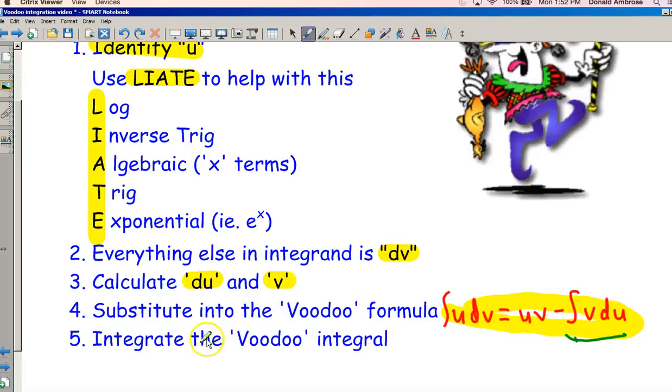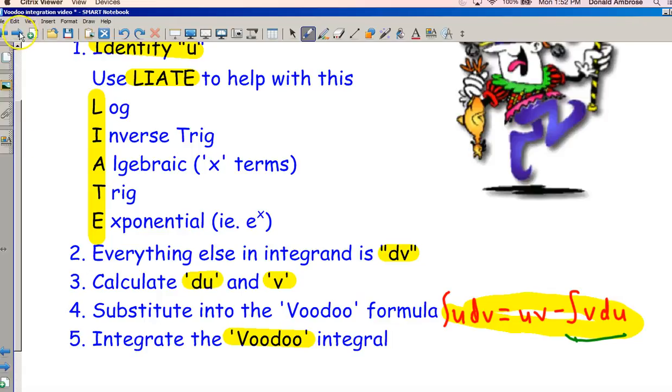And once you've substituted everything into that formula, the last thing you want to do is integrate the voodoo integral. That's another reason why I refer to this method as voodoo integration, because this is the integral on the right-hand side that you're really going to be working off of to help get your final answer.